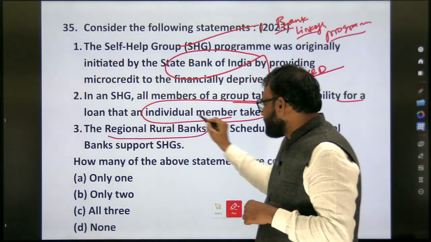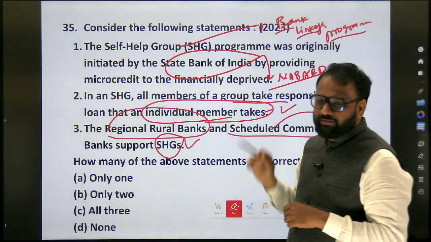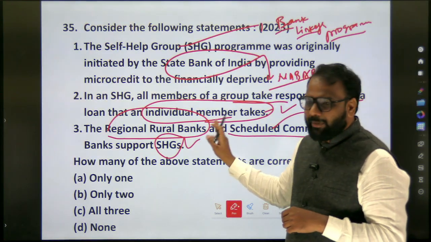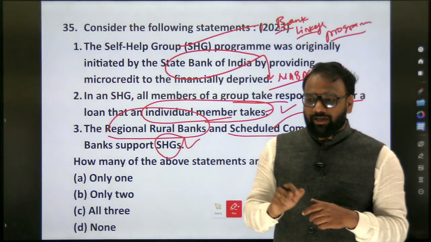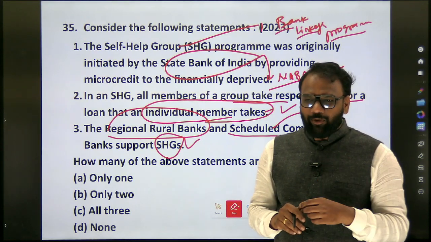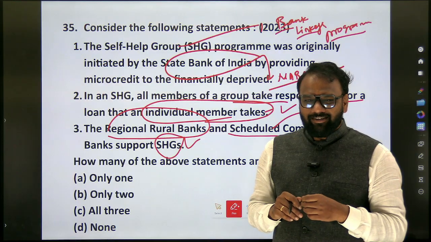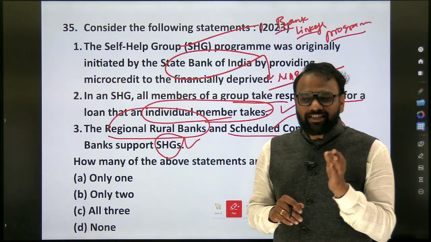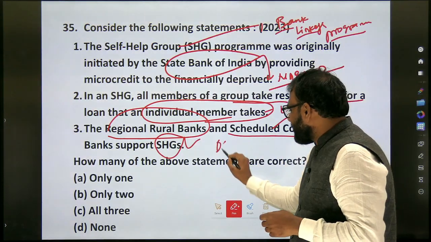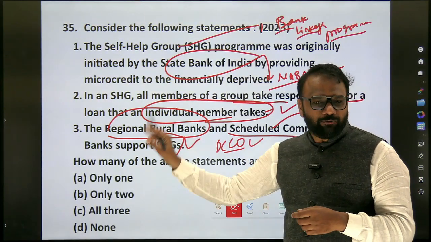The regional rural banks and scheduled commercial banks support self-help groups. Okay. So true. Scheduled commercial banks also support, regional rural banks also support. How about cooperative banks? Which cooperative banks? Urban cooperative banks? District Central Cooperative Bank. I am just giving an idea whether a District Central Cooperative Bank can be included as part of the bank linkage program or not.